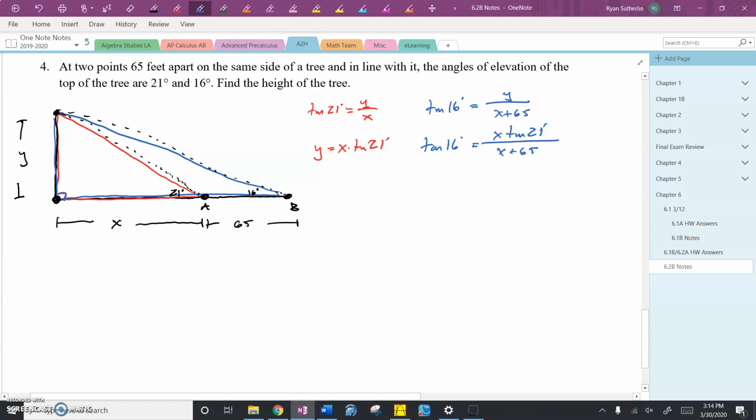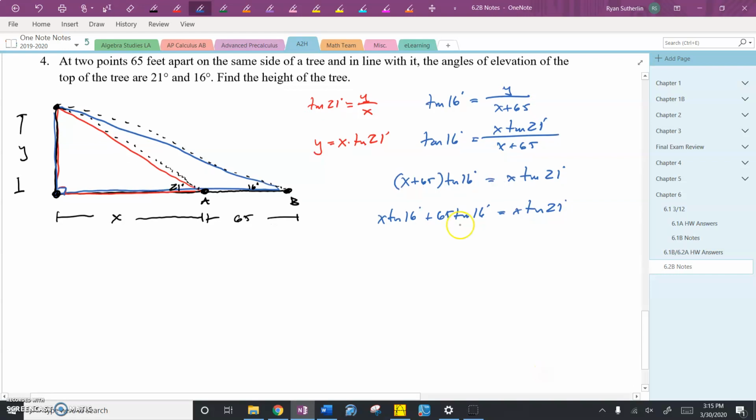And now we need to solve for x. So I multiply both sides by x plus 65. And now I'm going to go ahead and distribute this. We've done some equation solving like this earlier in the year. So right now, solving the equation, we get the x's on the same side and the constants on the other.